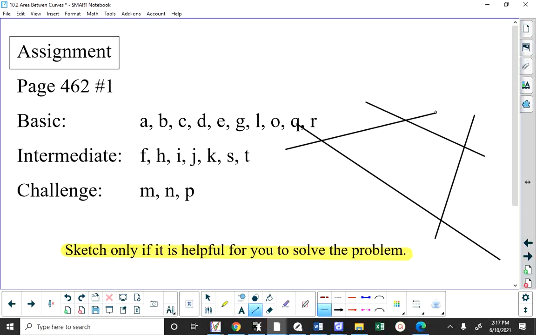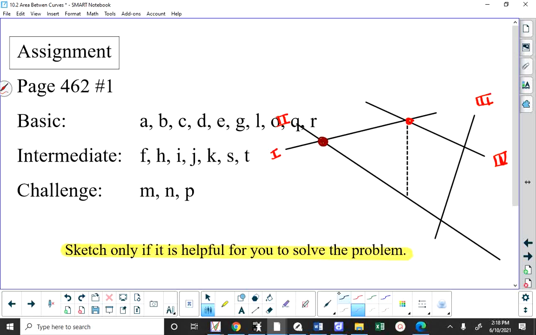And what you would then have to do is say, from the brown dot to the red dot, line 1 is above line 2. So I'm going to go the integral of line 1 minus line 2 from whatever this x coordinate is, which you have to find by setting the equations equal, to whatever this x coordinate is.